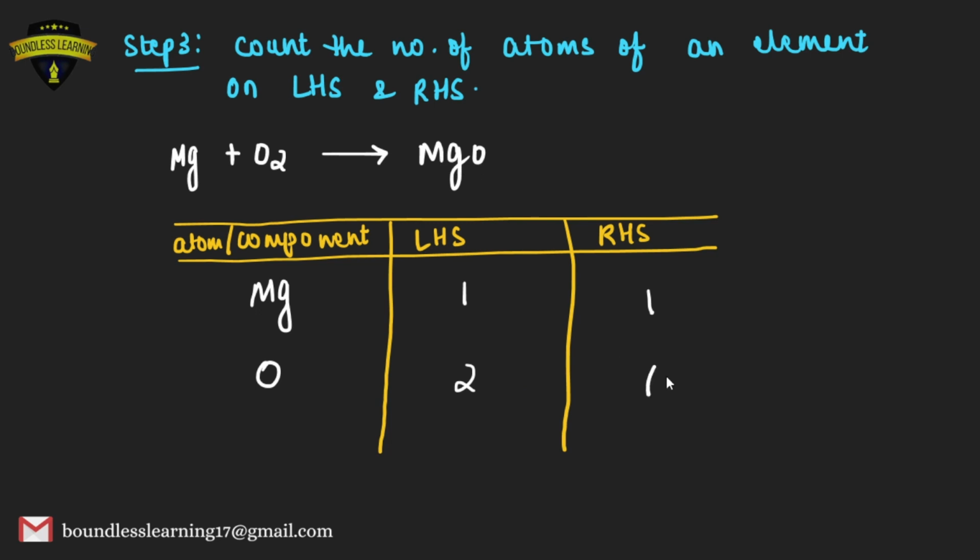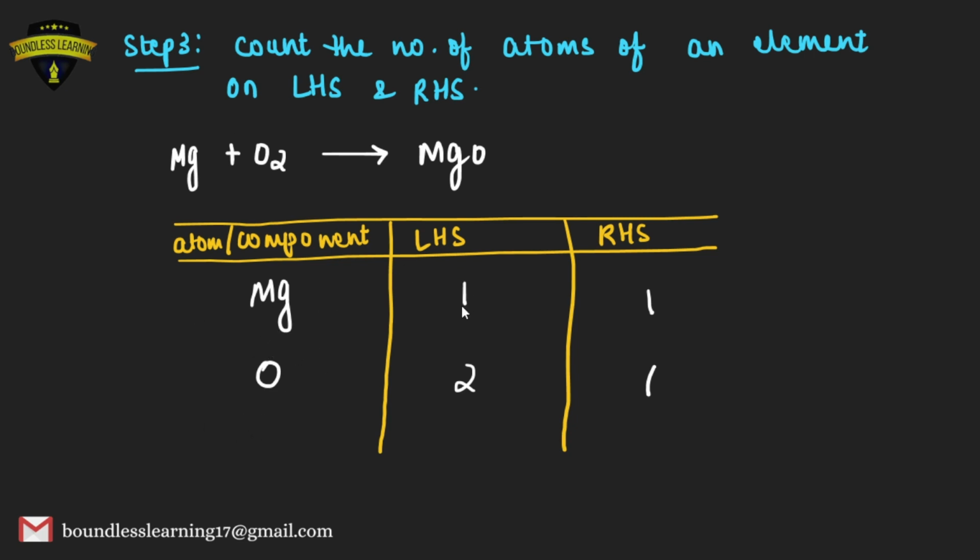Now we have to balance this equation, and for balancing we have to write whole numbers, or we have to multiply these involved reactants and products by a whole number. Okay, so let's start balancing.